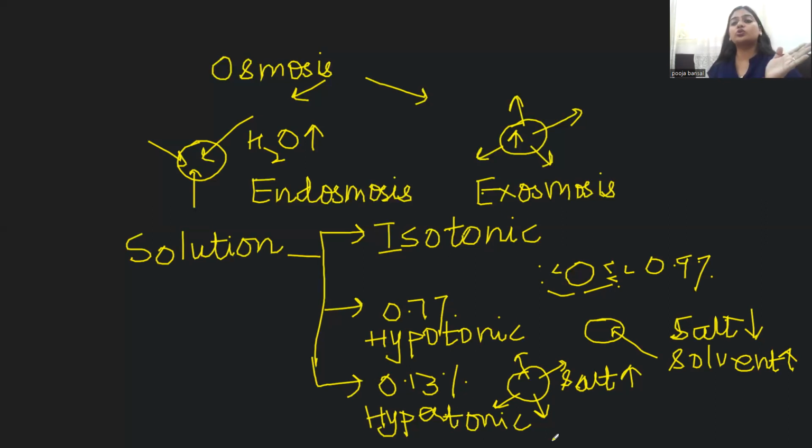That means endosmosis will happen. Hypertonic means salt is very high. Hyper means high, solute is very high. When solute is very high, then what will happen? The solvent is less. That means exosmosis will happen over here.